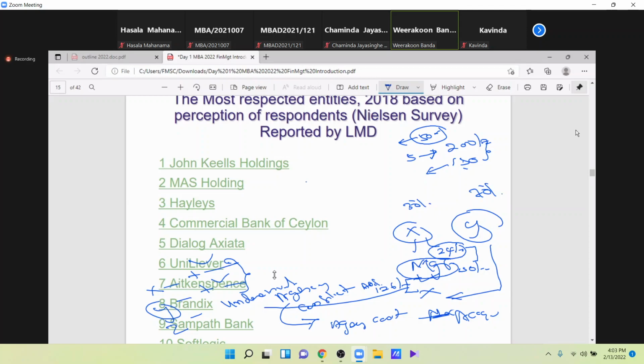One is when the company raises capital, there can be agency conflict. In other cases, when the company managers operate their activities, there can also be agency conflict.